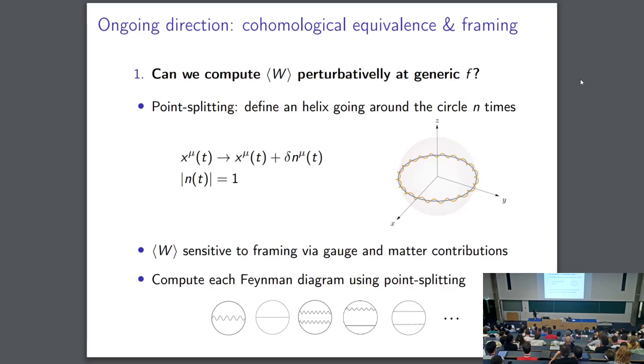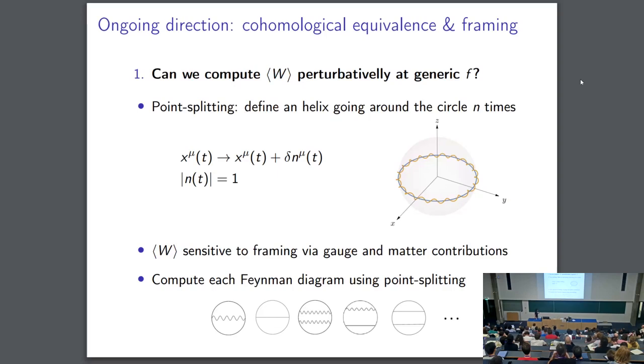Here we have the circle, the blue curve, and we parameterize this yellow curve that goes around it. We do it in such a way that we count how many times it goes around, and we expect this number to be the analog of framing. Once we take this deformation delta to 0, it should spit out the framing.